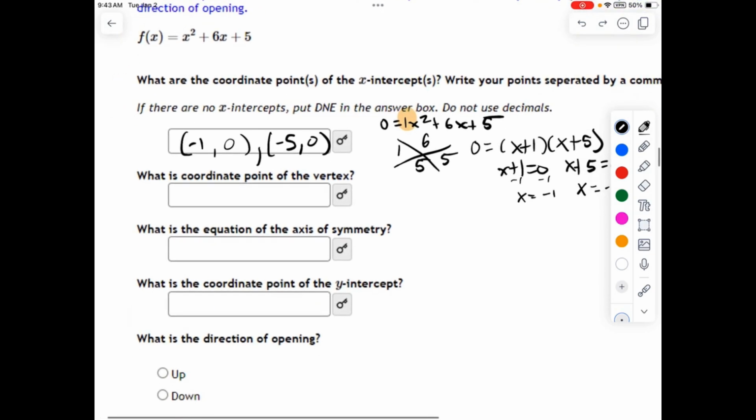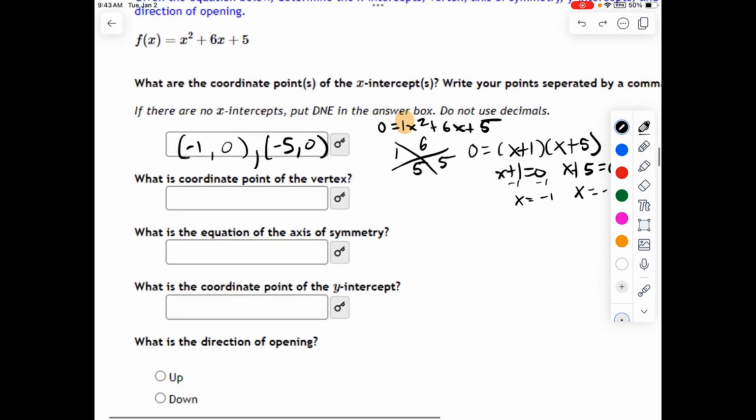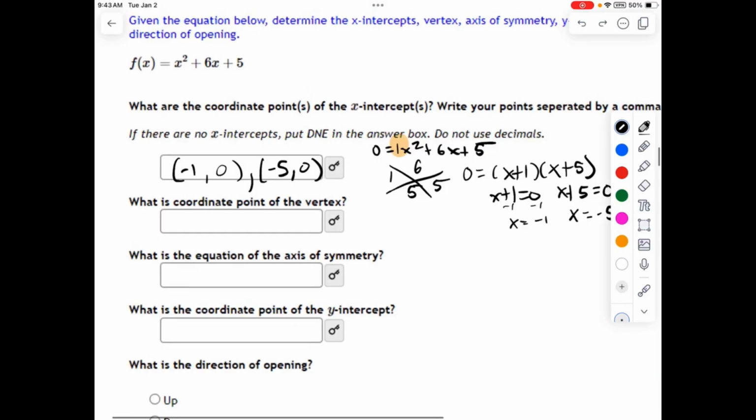Now coordinate point of the vertex. There's two ways you can find the vertex here. The first way is you could say, okay, I know that the quadratic is supposed to be a U-shaped graph, meaning that the vertex is going to be that turning point of the graph, and I know that if the x-intercepts were at 1 and 3, the vertex would have to be at 2, because it has to be the middle.